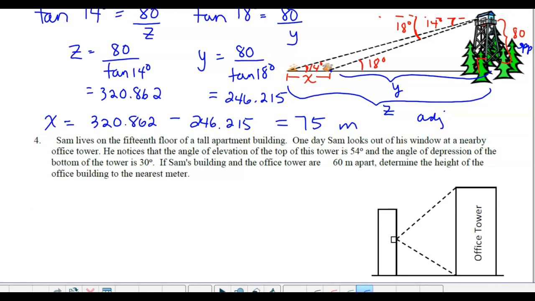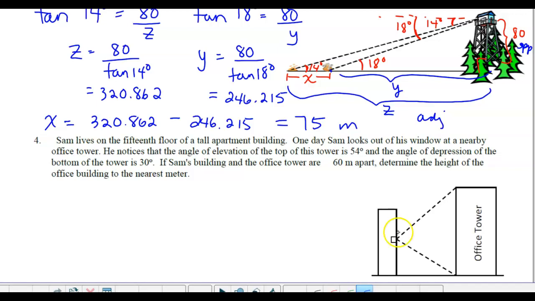Okay, another common type of question is, that's a horizontal type question, and this is a vertical type question, but still involves two triangles. So it says Sam lives on the 15th floor of a tall apartment building. One day Sam looks out of his window at a nearby office tower. He notices that the angle of elevation of the top of this tower is 54.